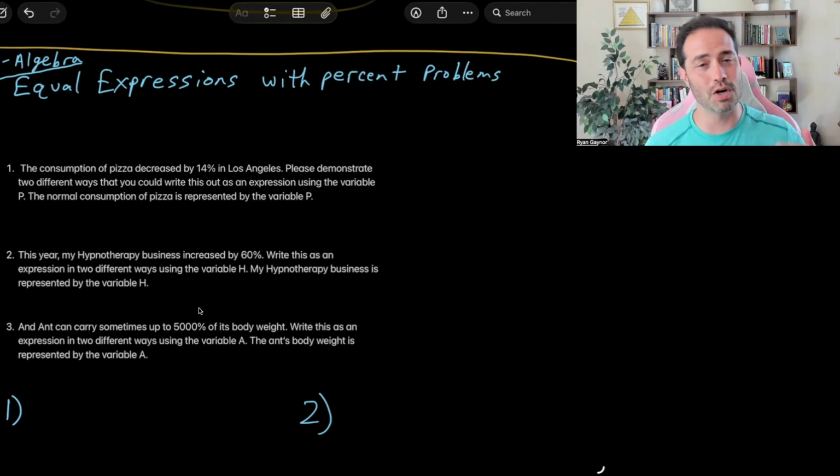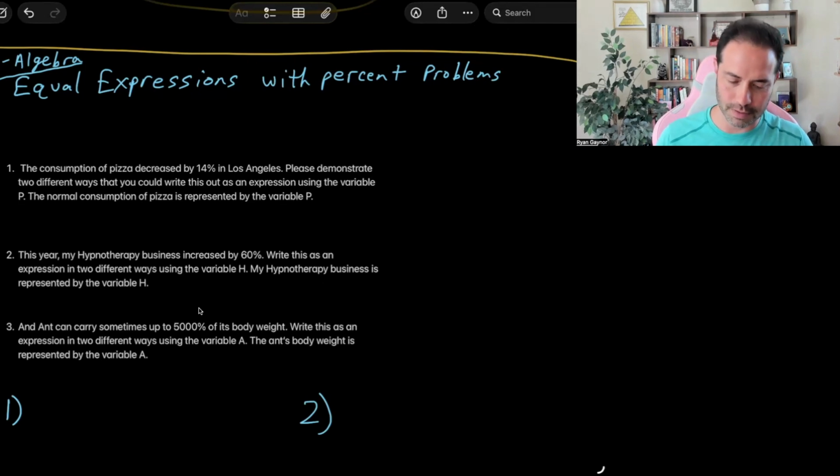So if we started out at a certain level, which is the variable p in this case, we can think of that as 100%, right? So that was the normal consumption. The variable p, whatever that was, it was 100% of that. Well, if we're decreasing by 14%, that means we go 100% minus 14%.